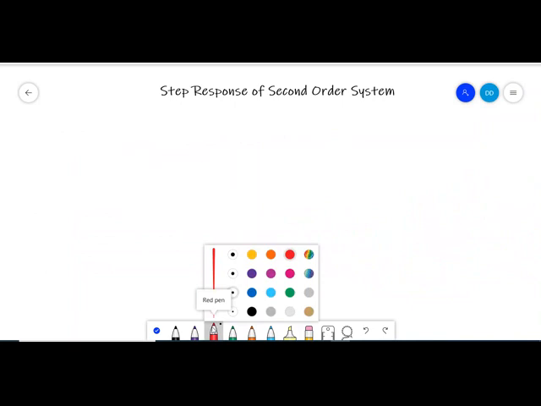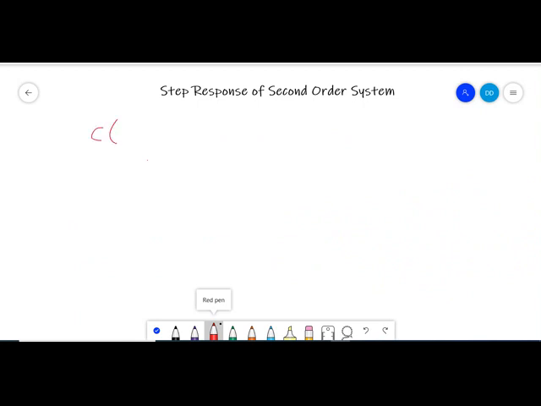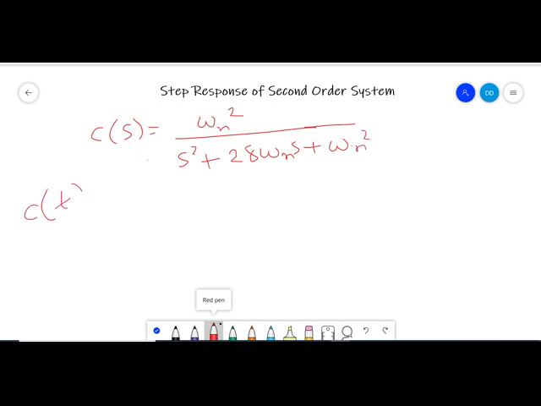First we will write the output of the second order system, C of s is equal to omega n square divided by s square plus 2 delta omega n into s plus omega n square. We have to find the response in time domain, which is C of t. For that, C of s is this into R of s.